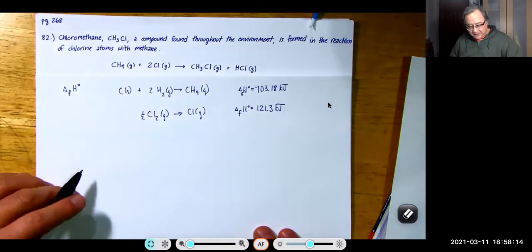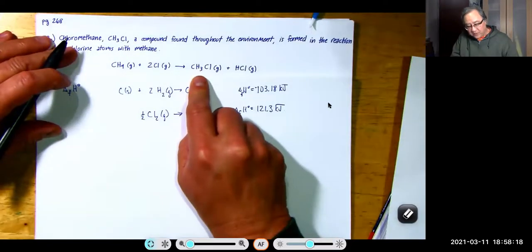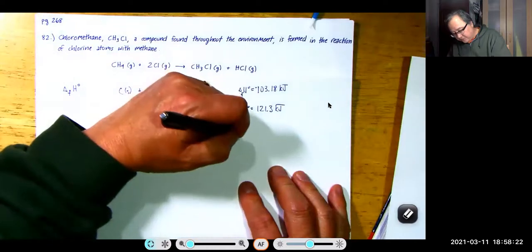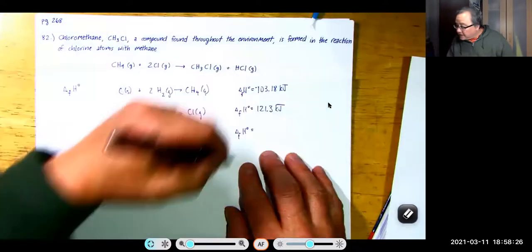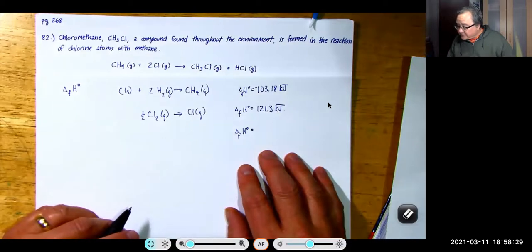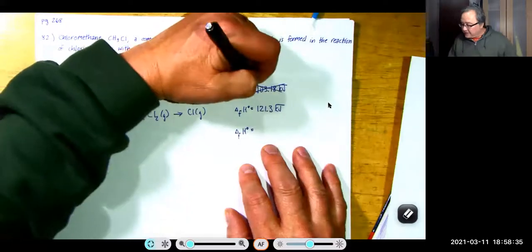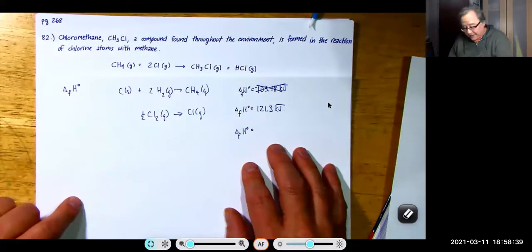Okay, next we have CH3Cl. So the change in enthalpy of formation for this reaction is going to be, let's see, CH3Cl. Oh, I gave this one the wrong value. This one is actually minus 74.87.